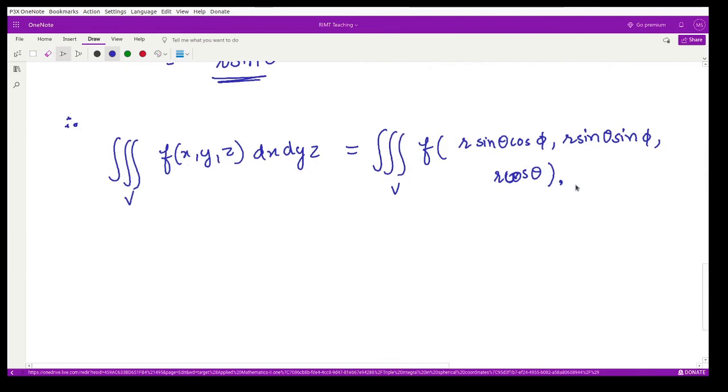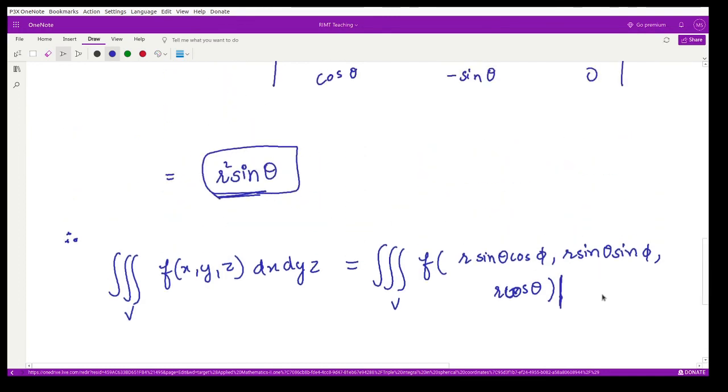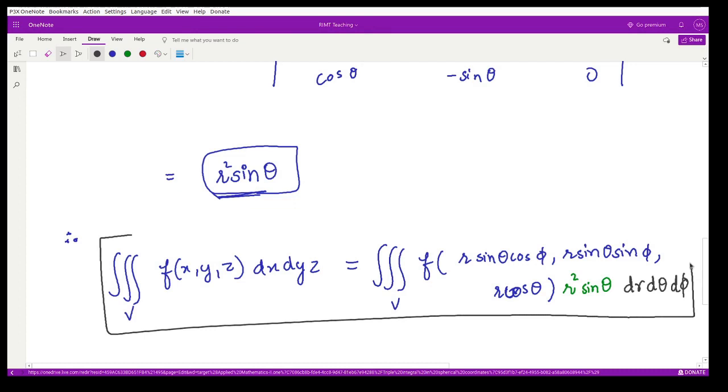So we have just substituted their values, and instead of the Jacobian, we have the value of Jacobian as r square sine theta. So this is equal to r square sine theta, the value of Jacobian, and then we will have dr, d theta, d phi. So this is the relationship between the triple integral in Cartesian coordinates and spherical polar coordinates.